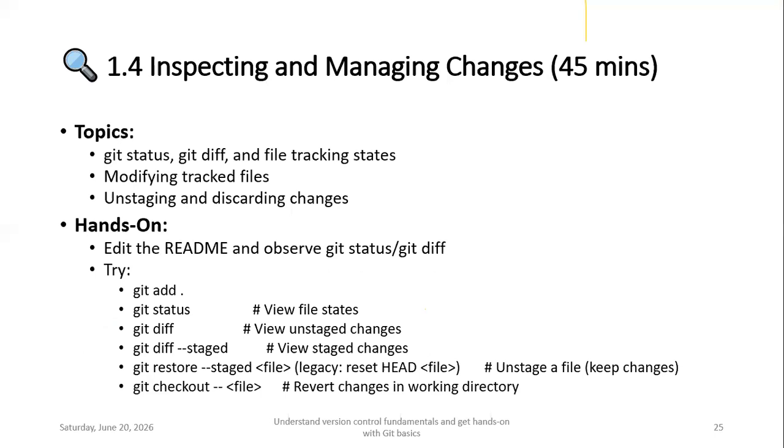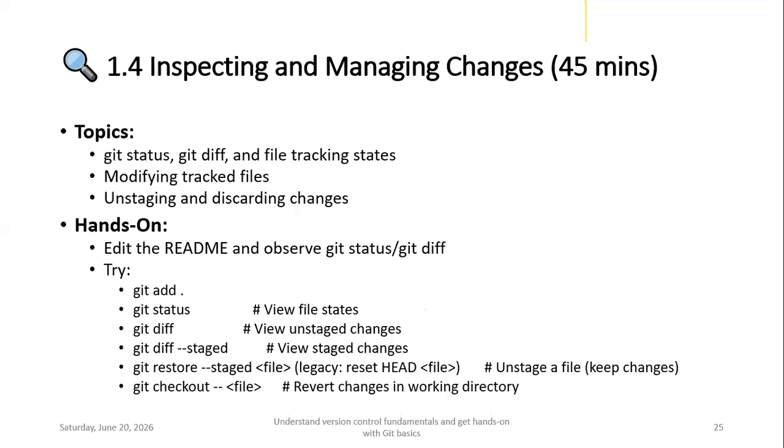Most of these things that I'm explaining here, we have already been able to see. For example, we saw that in order to inspect and manage changes, we use these commands. So git add, git status when we want to view file states, git diff we saw for unstaged changes, git diff --staged when you want to see staged changes.